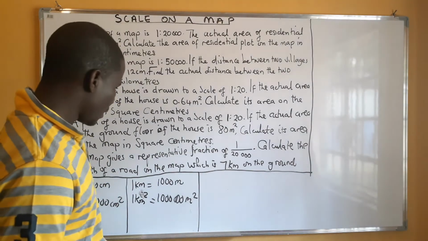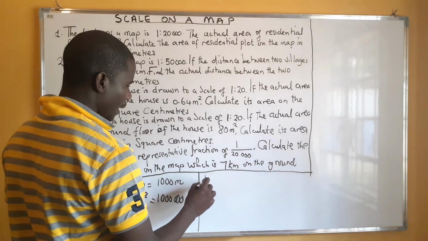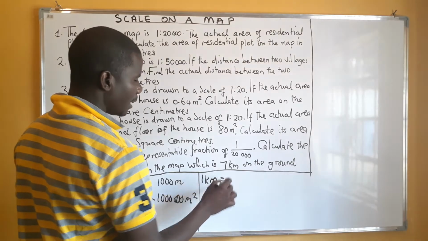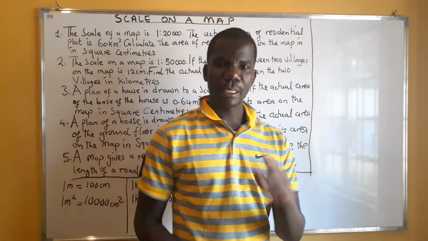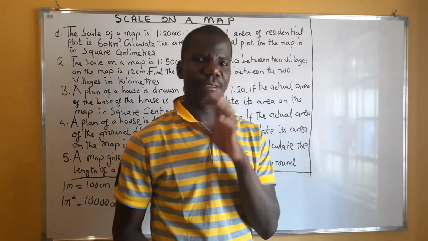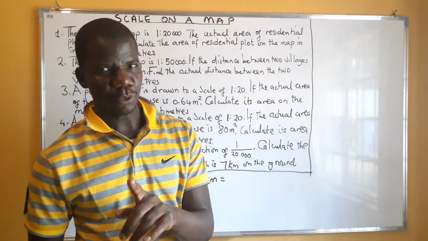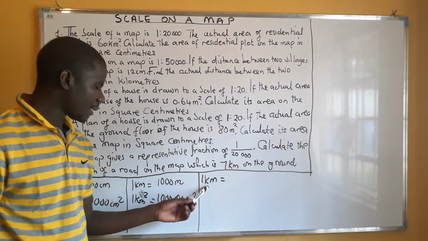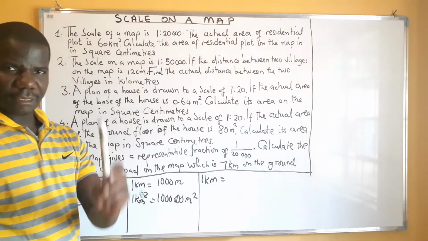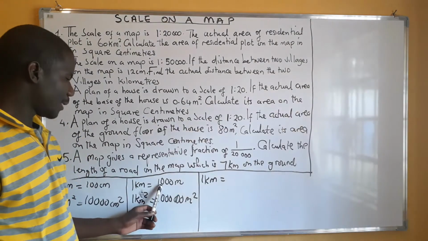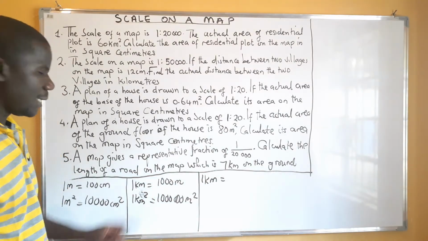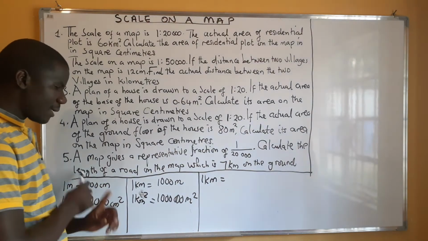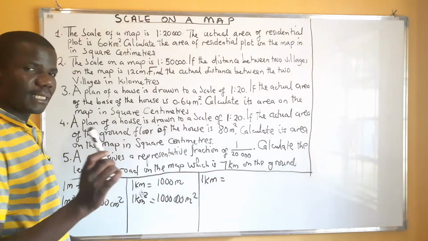Then I want to look at 1 kilometer against a centimeter. In other words, how many centimeters are there in 1 kilometer? That is what we want to look at. So in 1 kilometer we have 1,000 meters, and each meter is equal to 100 centimeters.